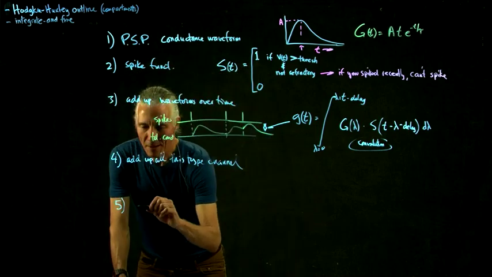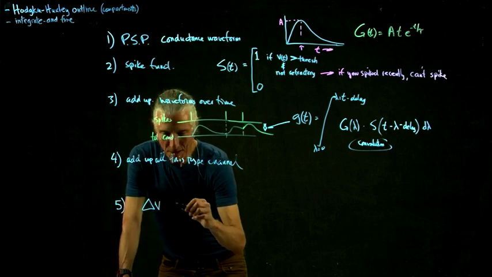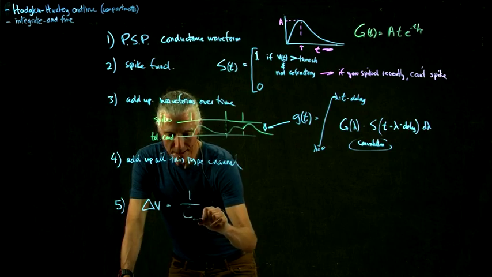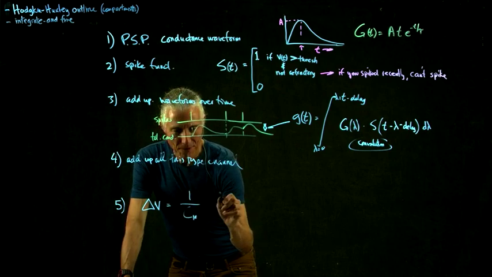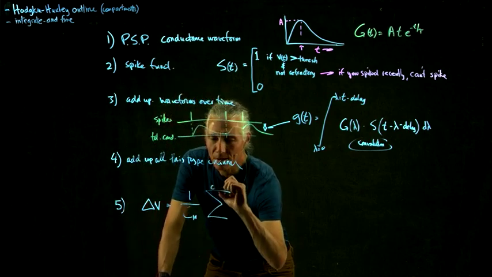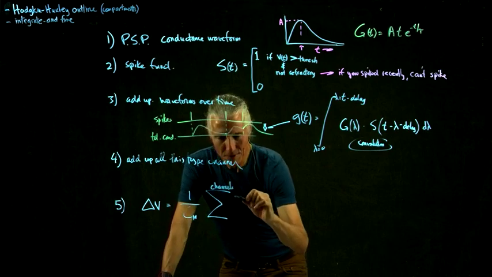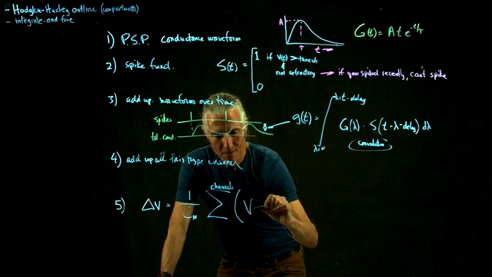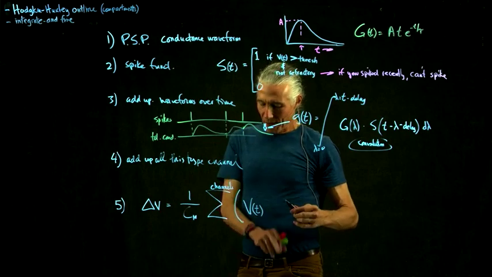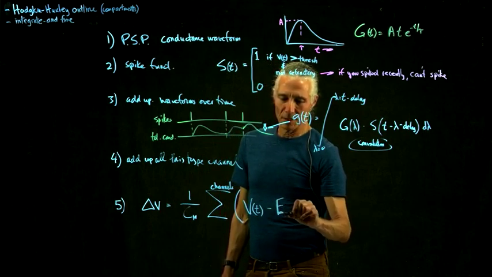And that equation was the change in voltage for the next time step is going to be 1 over the capacitance, and then we're going to sum over all the channels, all the different channel types, the following thing. And the following thing is whatever the difference is between the present membrane voltage and whatever the Nernst potential for this particular channel is.